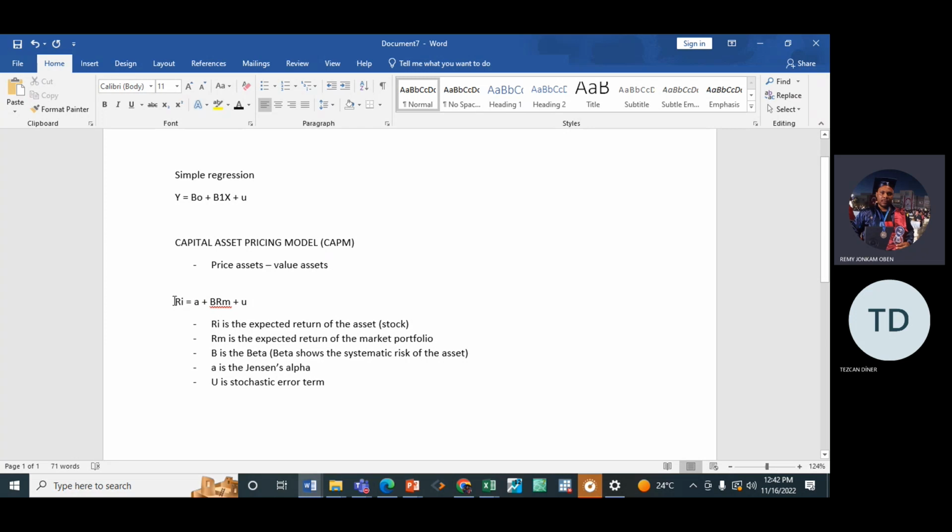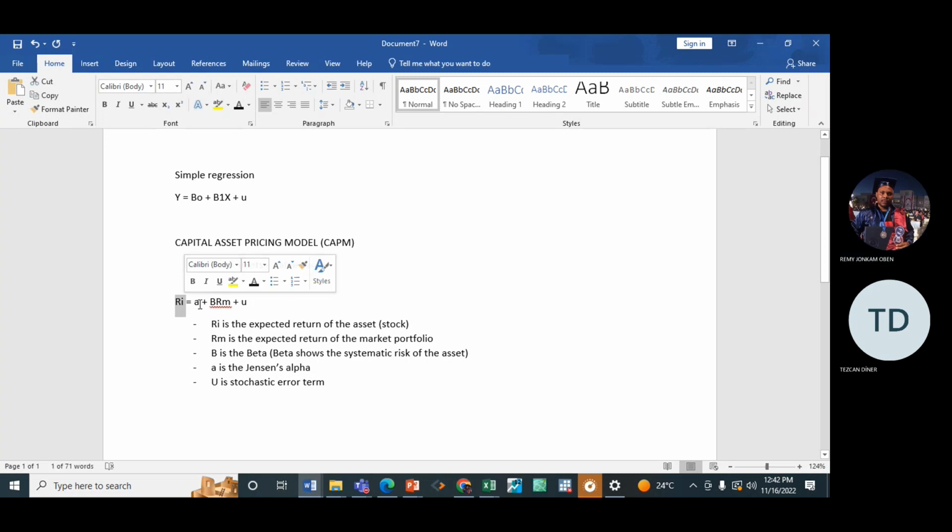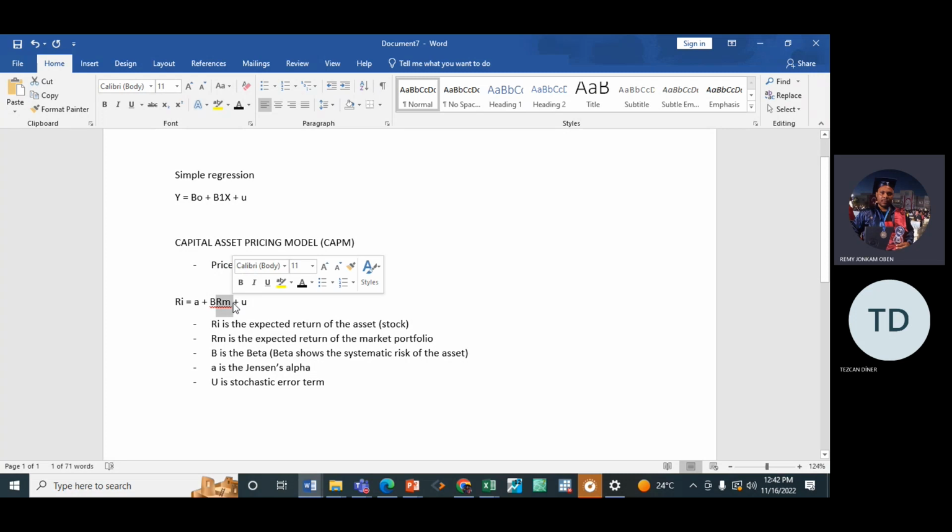You notice that we are trying to predict the expected return of the stock by using the expected return of the market. We are trying to say the expected return of the stock depends on the expected return of the market times the systematic risks of the stock. Beta is the systematic risks of the stock, right?